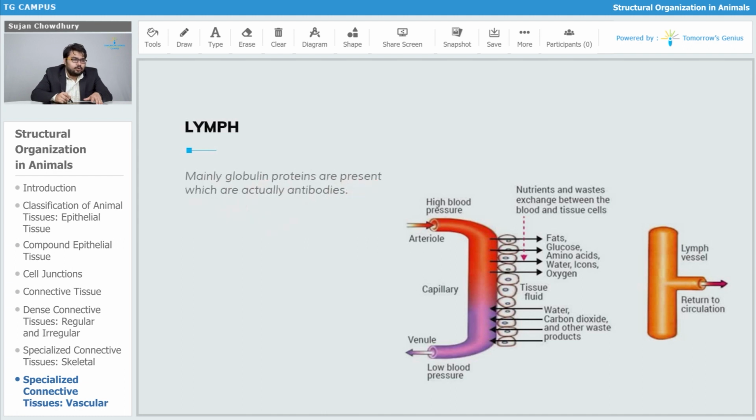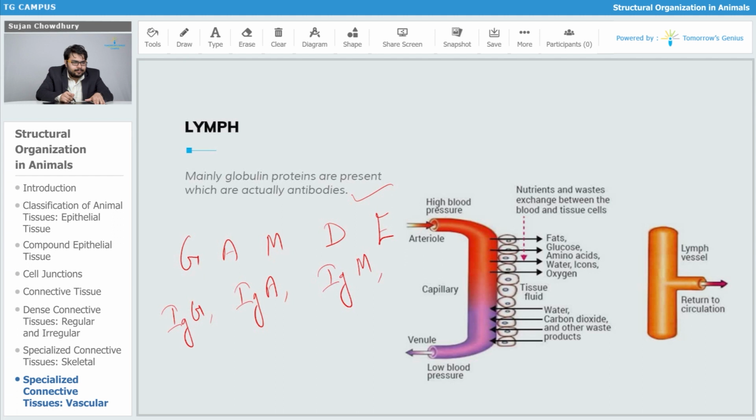Mainly, the globulin proteins are present, which are actually antibodies. We know the immunoglobulins, which are easy to remember by the short form GAMDE. You just have to put immunoglobulin before. So IgG, IgA, IgM, IgD and IgE.